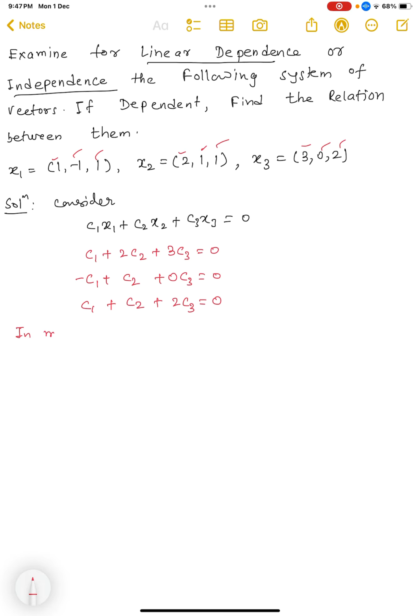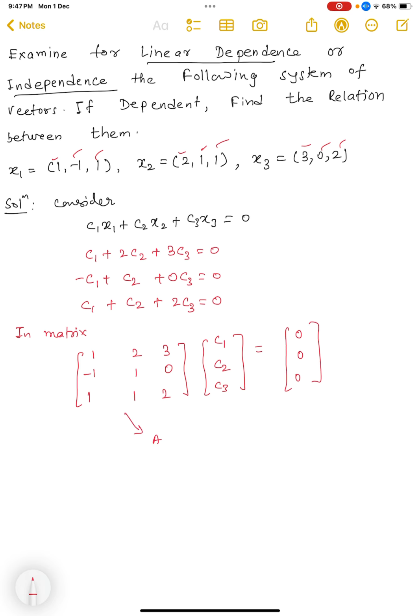Now write it in matrix form. In matrix form you will get 1 2 3, minus 1 1 0, 1 1 2, and here the unknowns are c1, c2 and c3, and the right hand side we have 0 0 0.